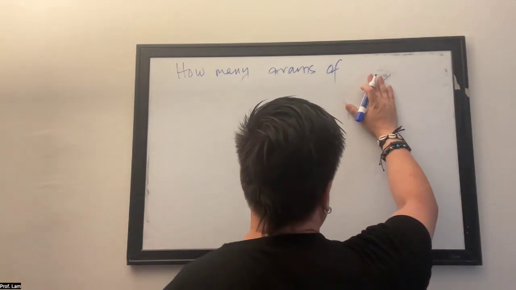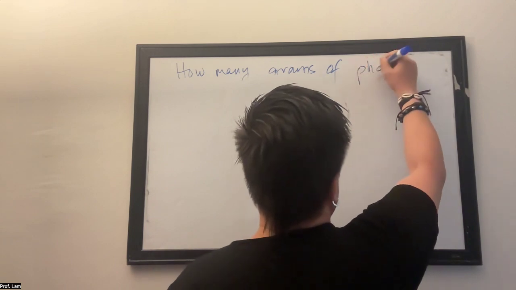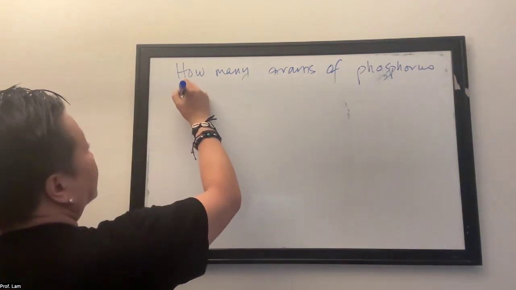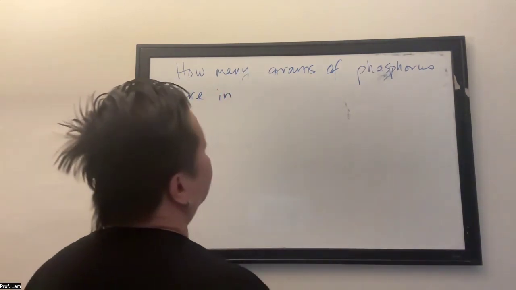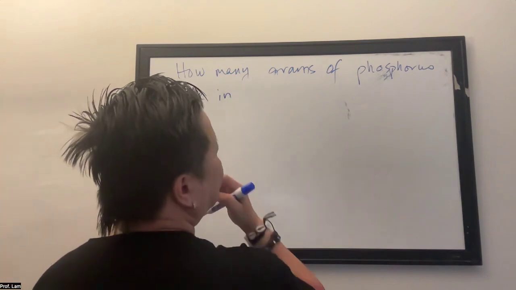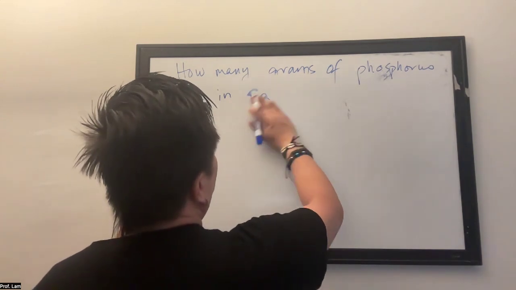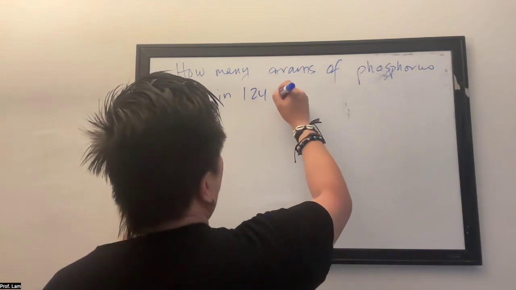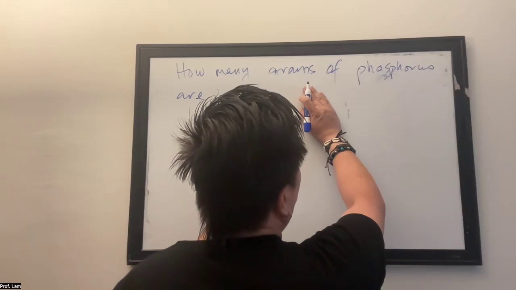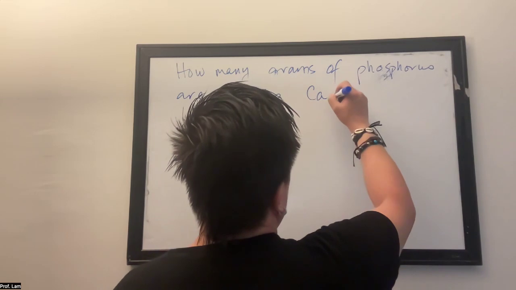How many grams of phosphorus are in 124 grams of calcium phosphide?